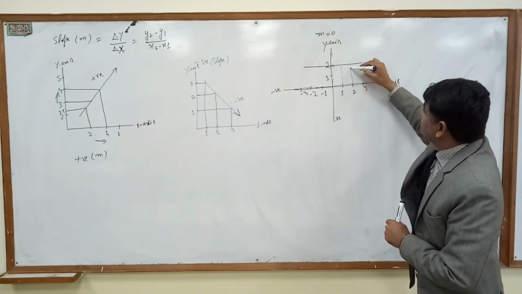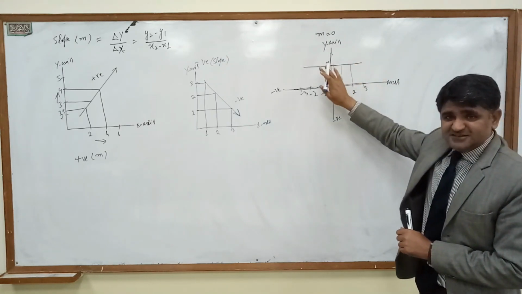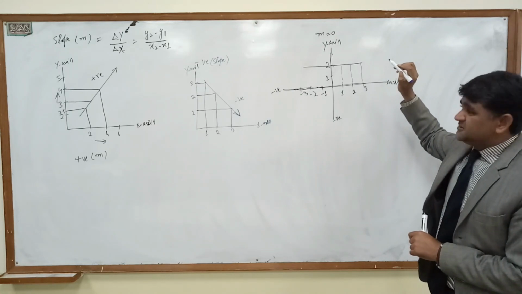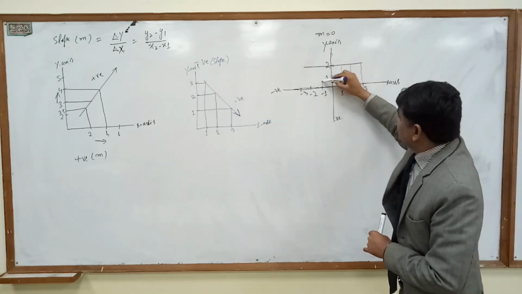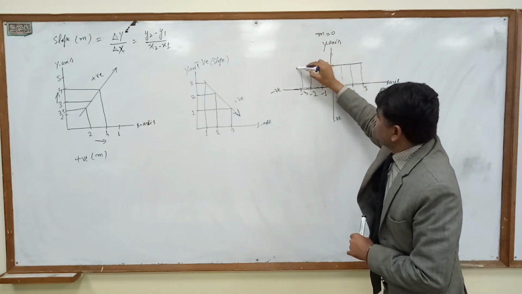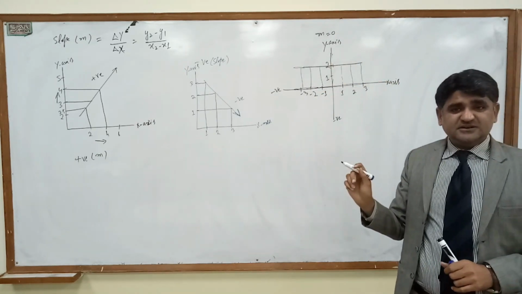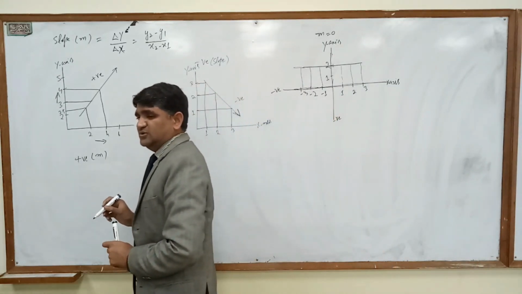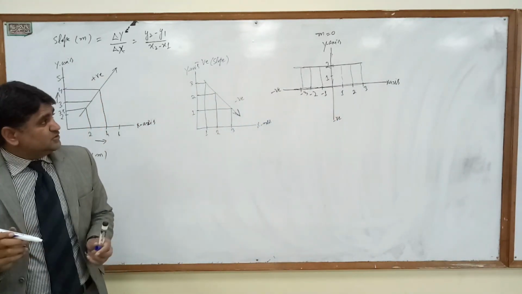Value of x is 2, output is 2. Value is 3, output is 2. Value is minus, output is 2. It's not being changed. So slope is 0.